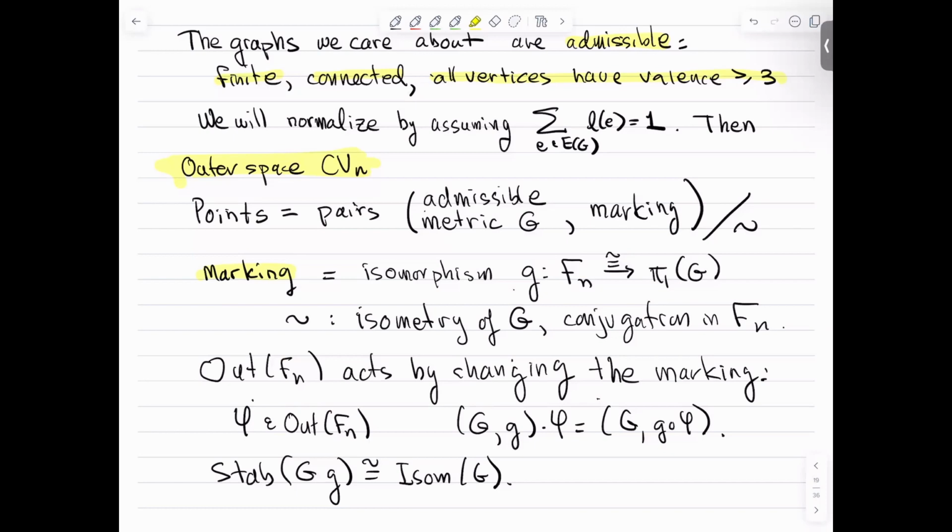And if one graph is isometric to another graph, I think of that as the same graph. So there are two equivalences: conjugation in Fn, in other words, the inner automorphism of Fn doesn't change anything, and isometries of G don't change anything. Okay, so that's a point in this space.